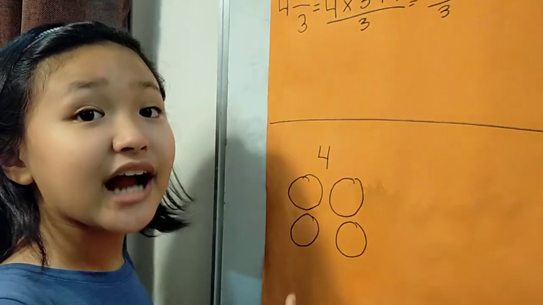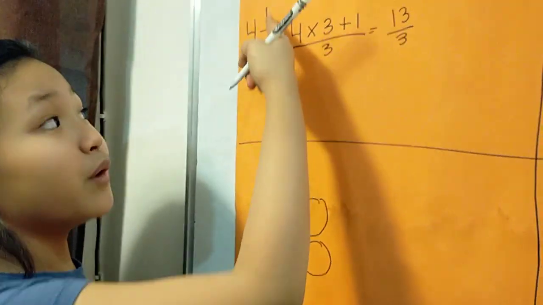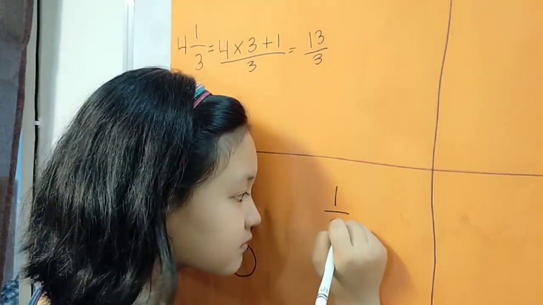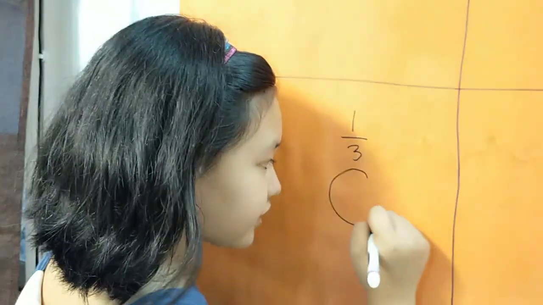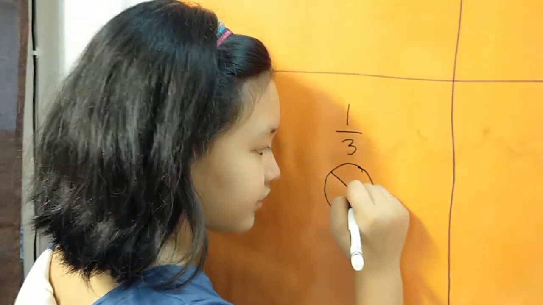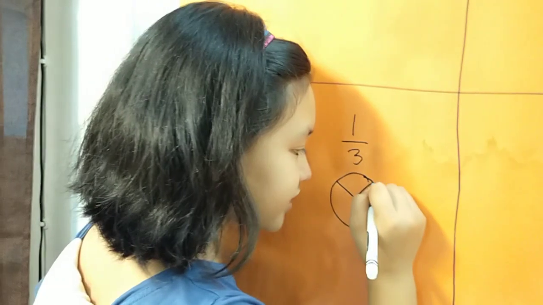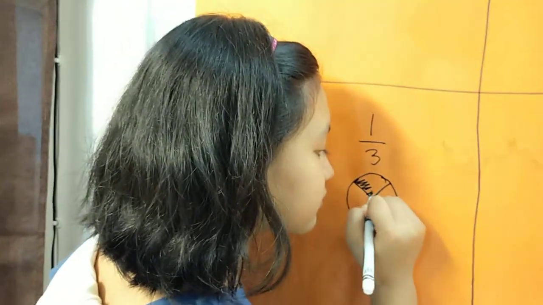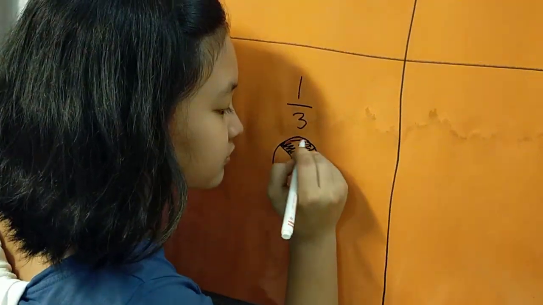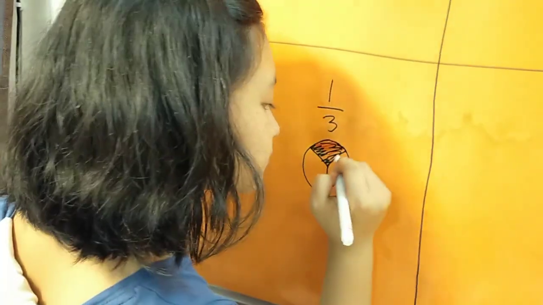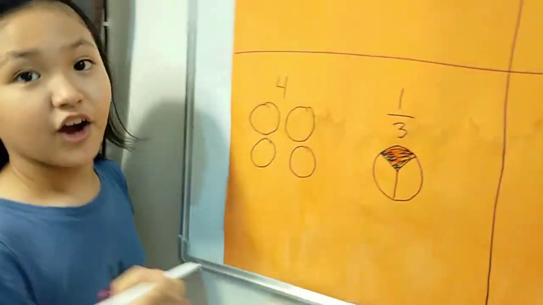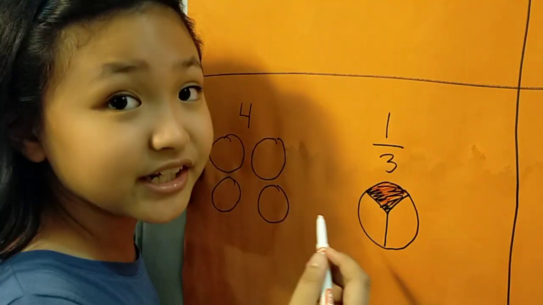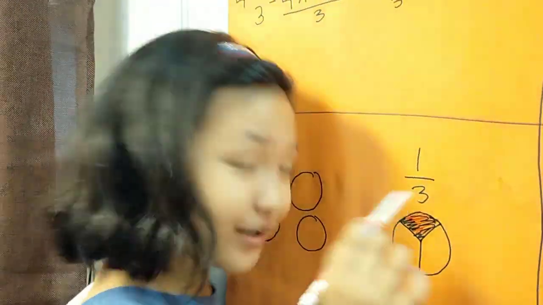We will also write the fraction 1/3. And then draw 3 equal parts and shade one part. Okay, so this is 1/3 because one part is shaded out of the 3.